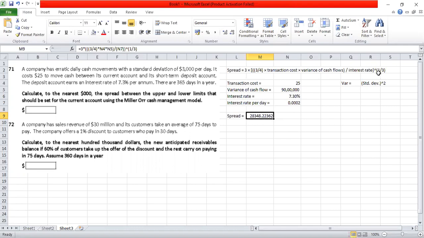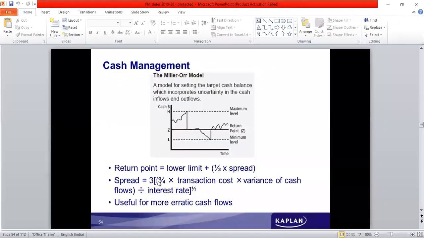See, the square bracket starts after 3 and ends after interest rate. Within that, the numerator has 3 by 4 transaction cost variance, and the denominator has the interest rate. After the square bracket closes, to the power of 1 by 3 applies to the entire fraction. Okay, ma'am, thank you.